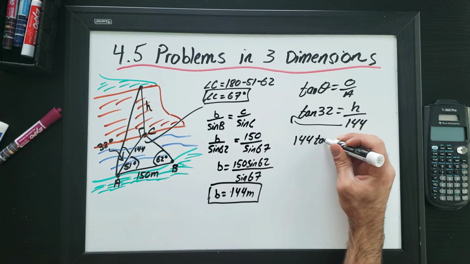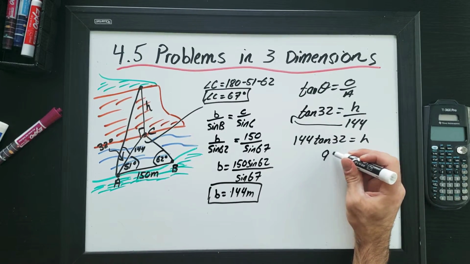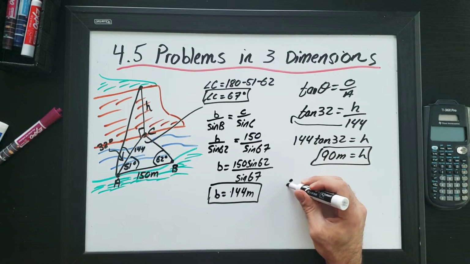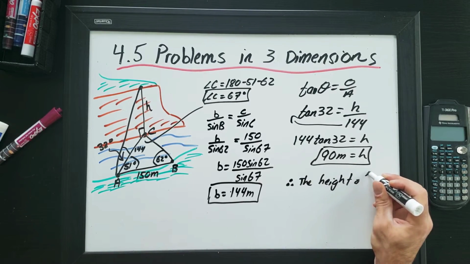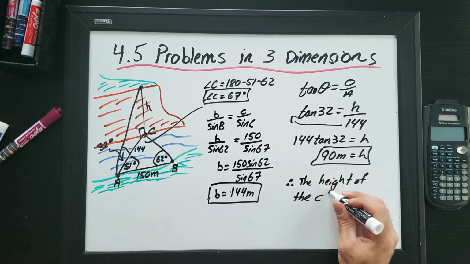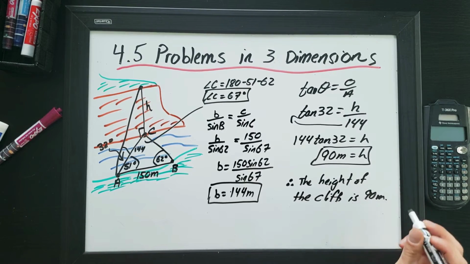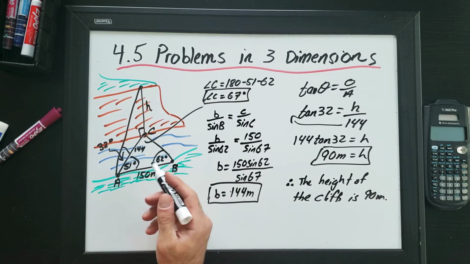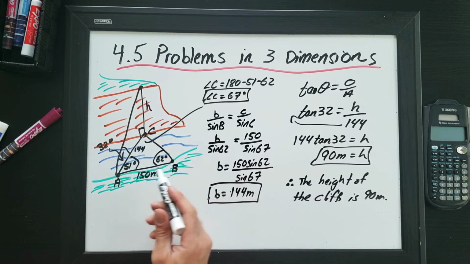Pick up your calculator, 90 meters equals h. So therefore, the height of the cliff is 90 meters. Okay, pretty cool actually, because if you were actually here and you were a land surveyor and you're on one side of the river and you have to figure out the height of the cliff, there's no other way of doing it.